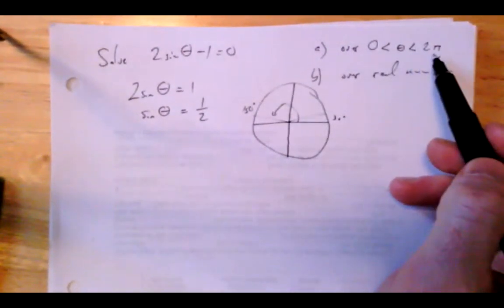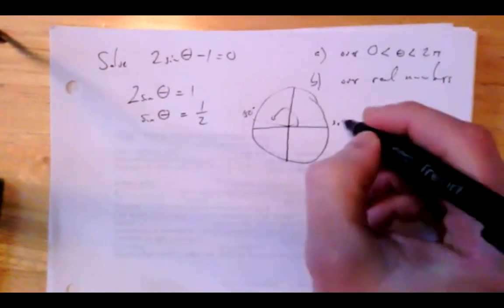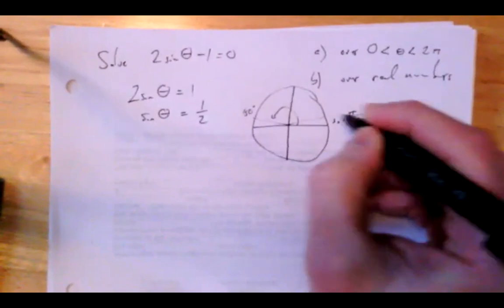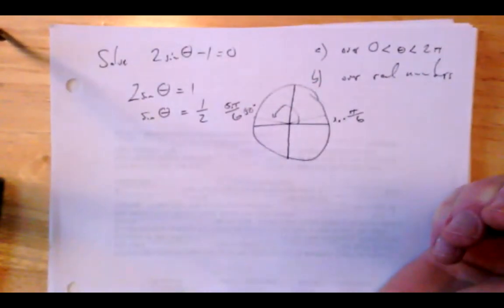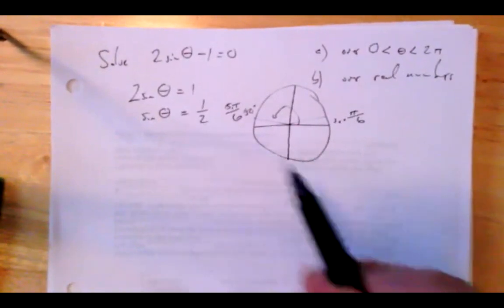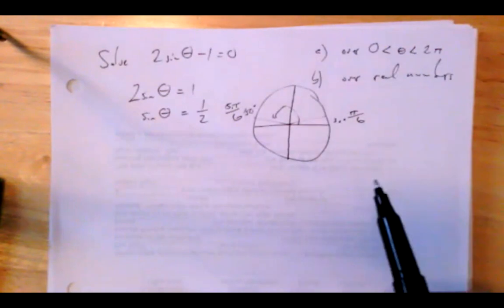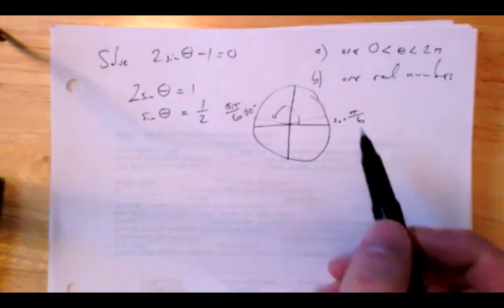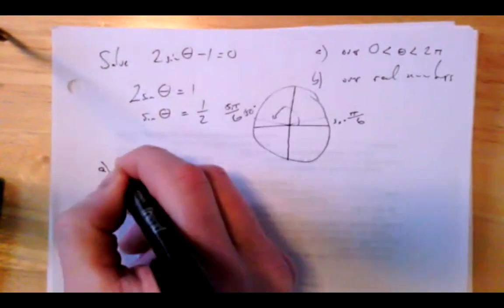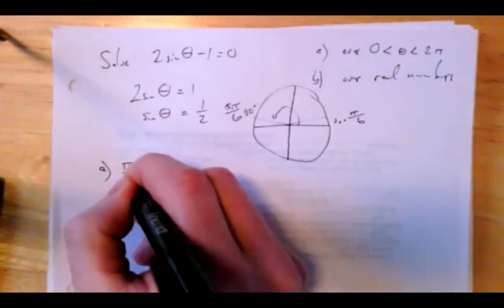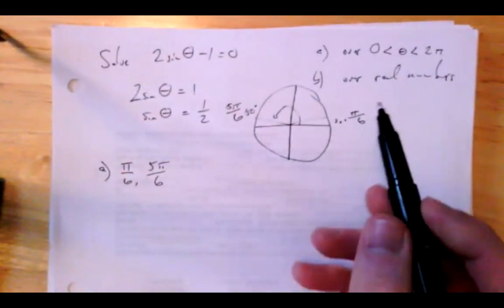We're doing this in radians, so this is pi over 6 and 5 pi over 6. Those are the answers when it's between 0 and 2 pi. So for part A, the answers are pi over 6 and 5 pi over 6.